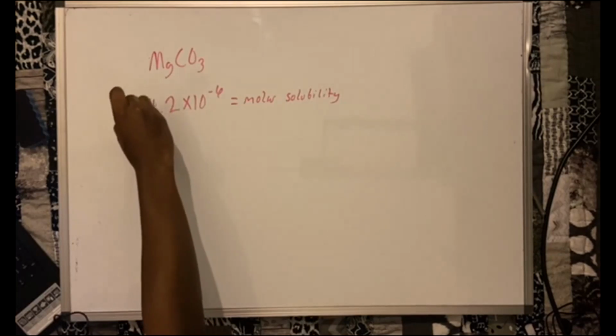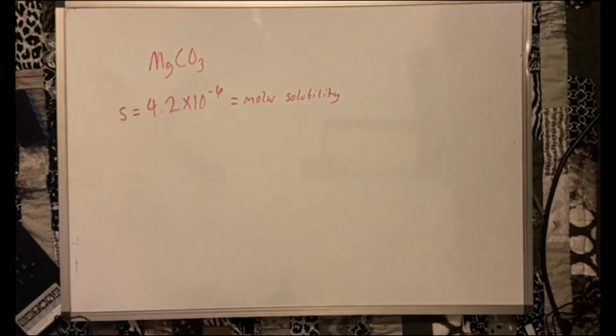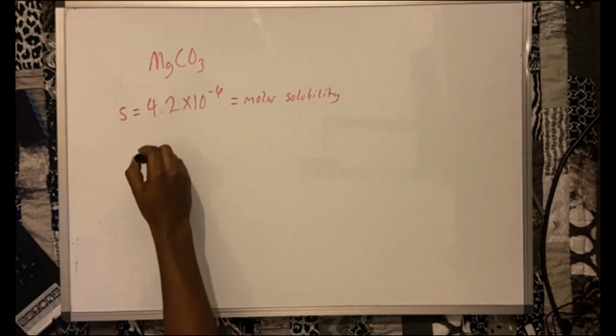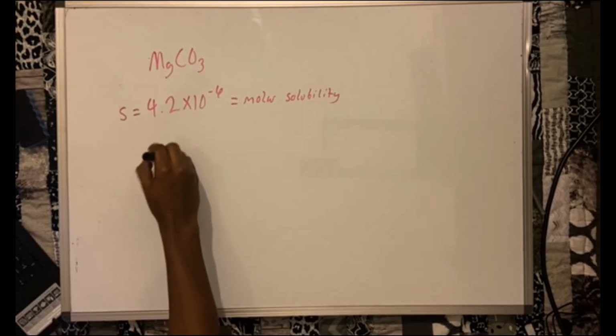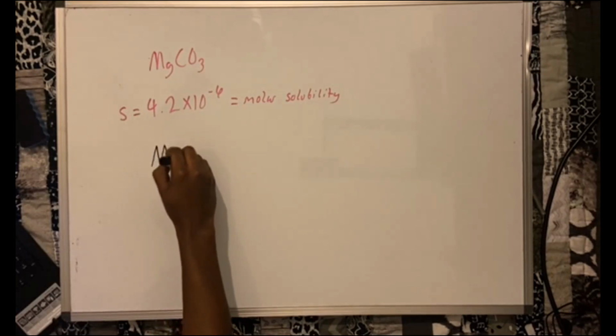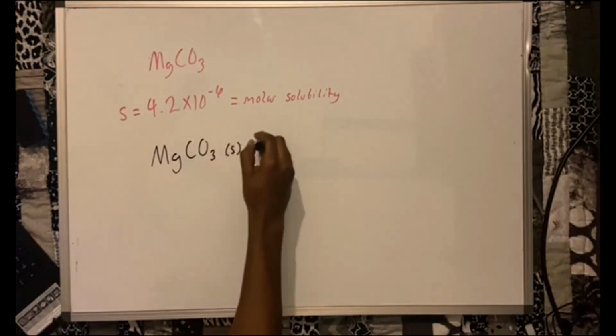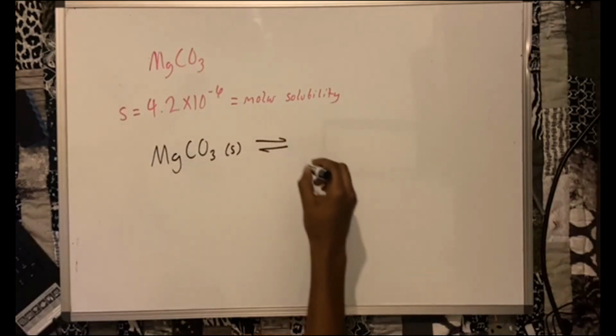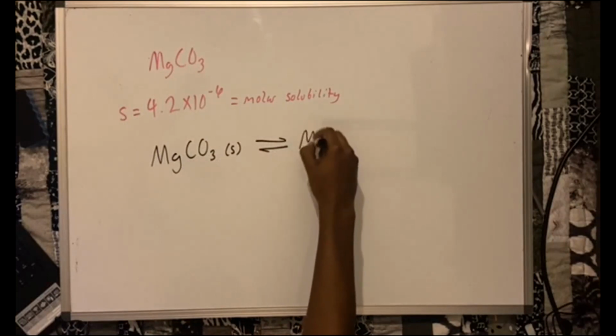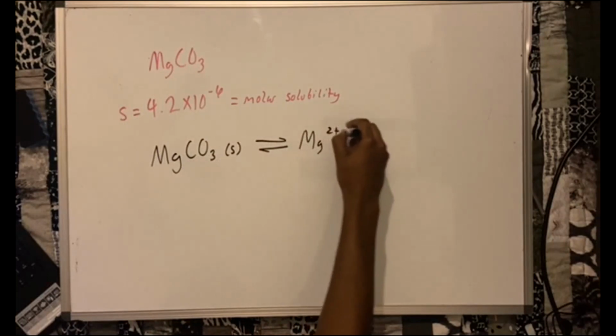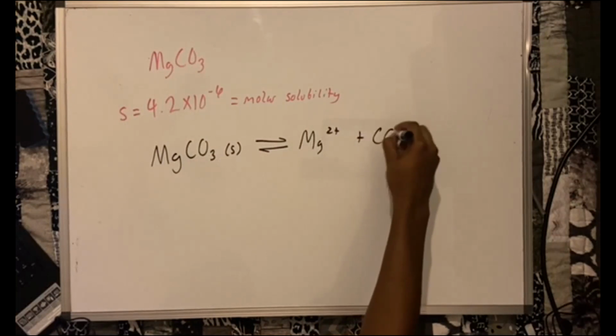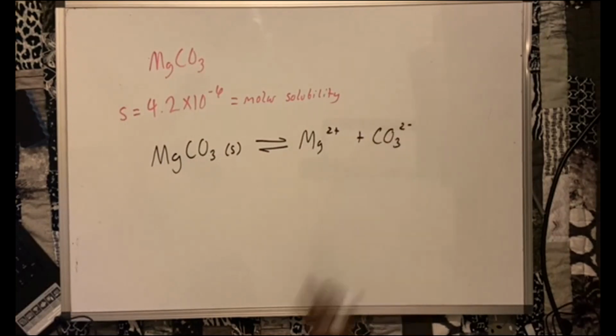Then we did our equation for Ksp: MgCO3, a solid, goes to Mg2+ plus CO3 2-.